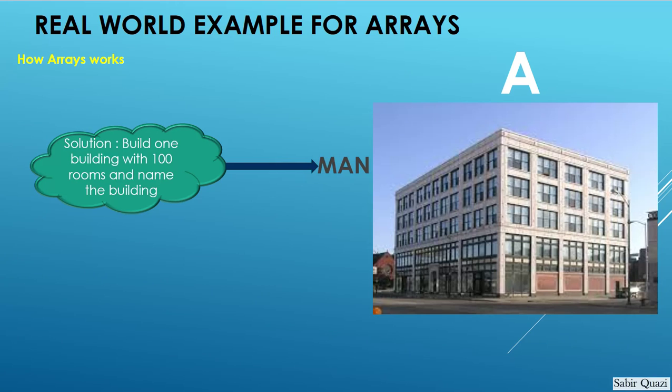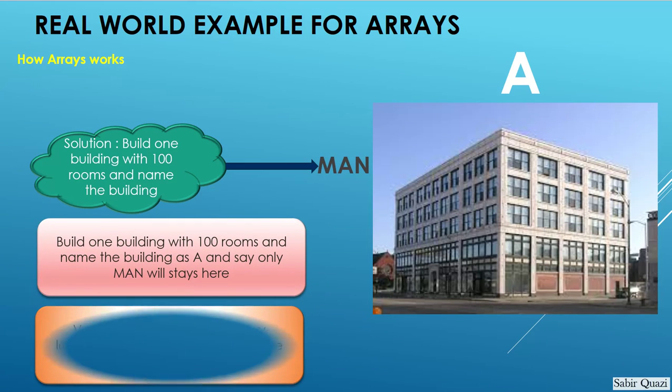And let's say this man builds a building and names it A, and decides that only men will stay in this building. So this building we can consider as an array in our programming language, and man will be the data type of this whole array.